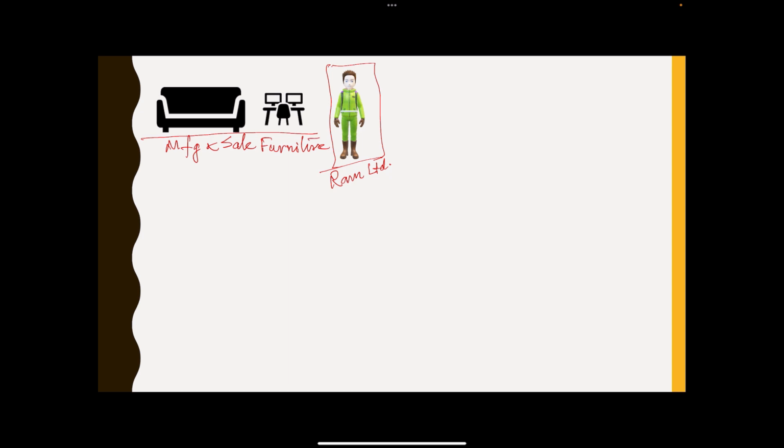Now to manufacture this furniture, what will he require? He will require some raw materials like wood, Sunmica, and Fevicol. These are a few raw materials he will require to manufacture his furniture.